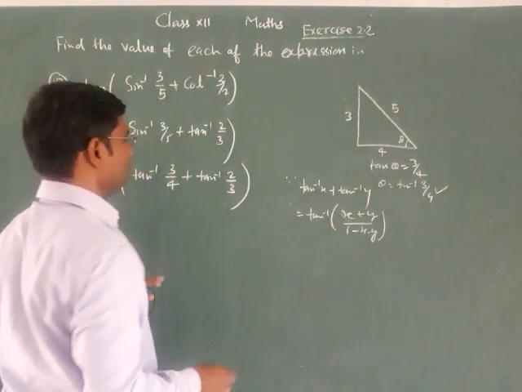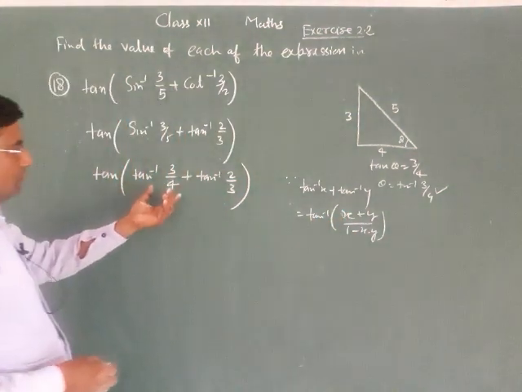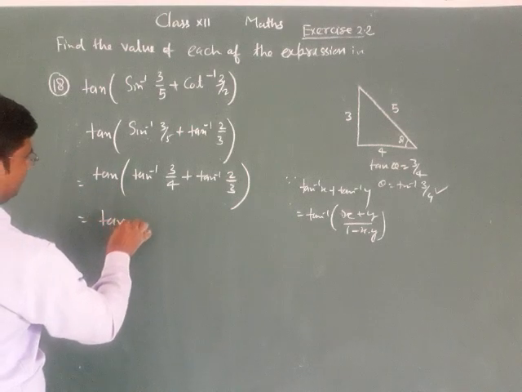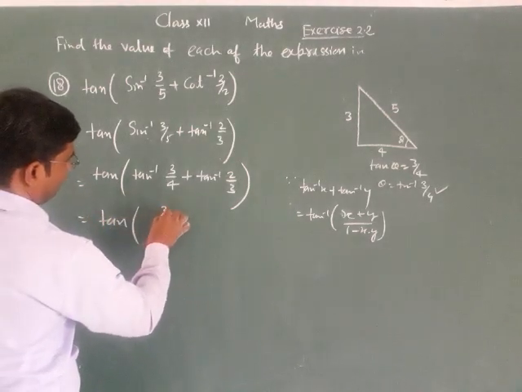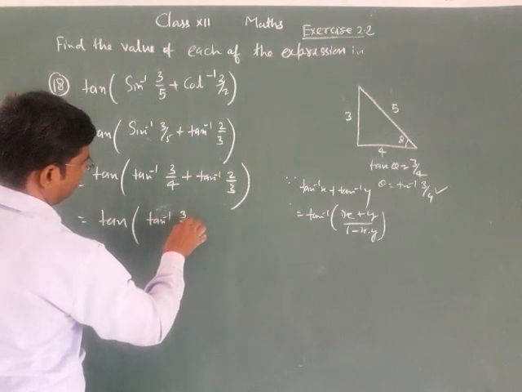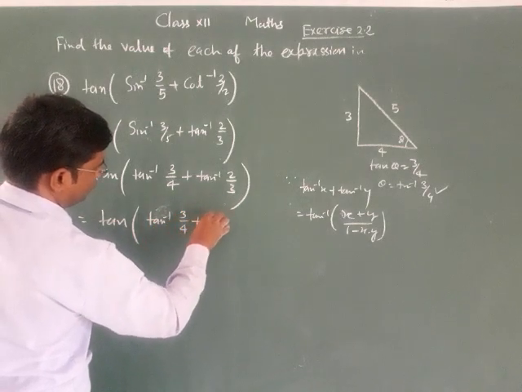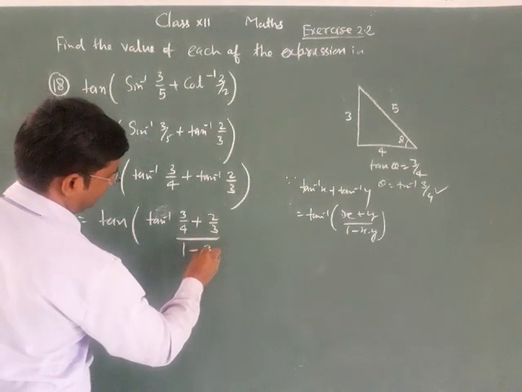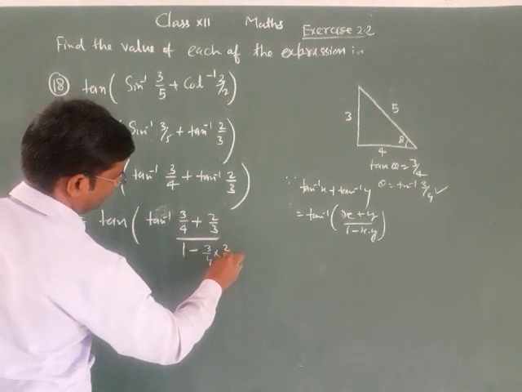This is the formula. Used in this way, we can write tan inverse of (3 upon 4 plus 2 upon 3) upon (1 minus 3 upon 4 into 2 by 3).